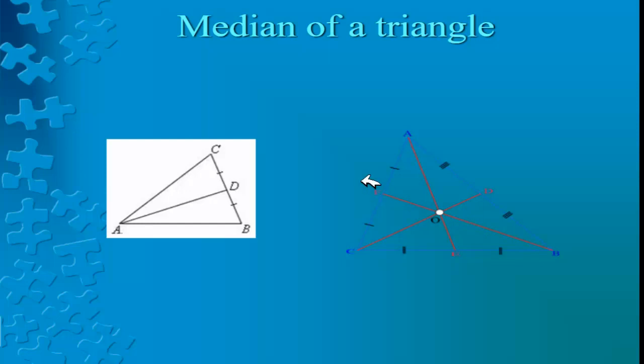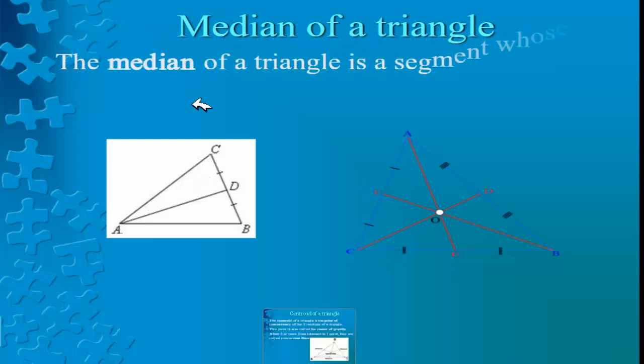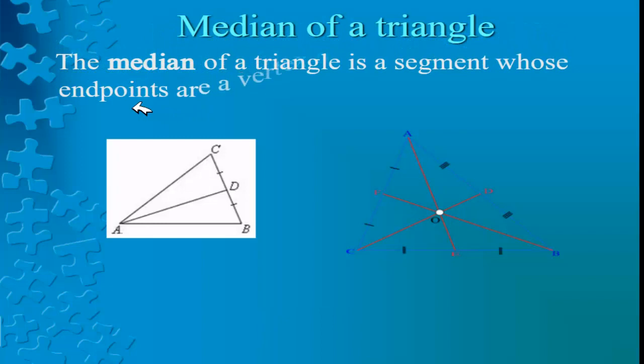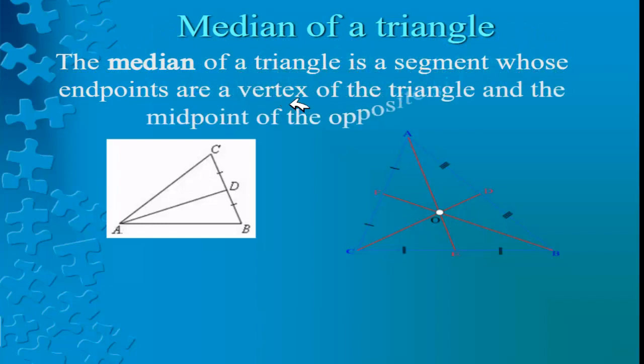So the median is the line segment whose endpoints are a vertex of the triangle and the midpoint of the opposite side, like we said.